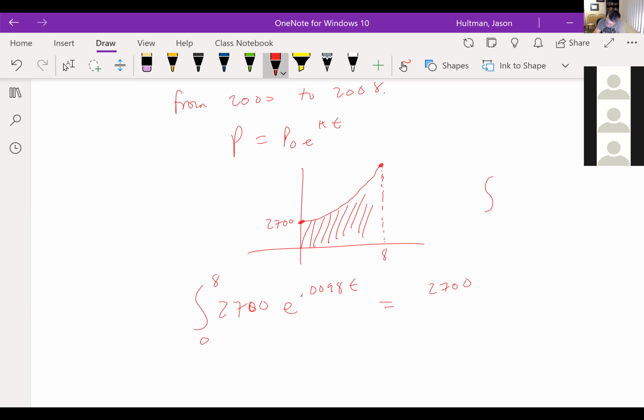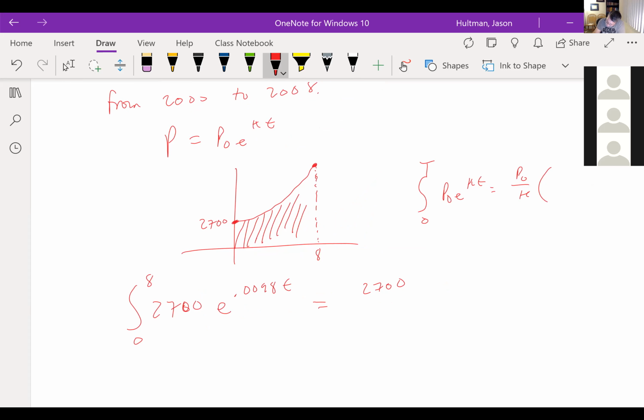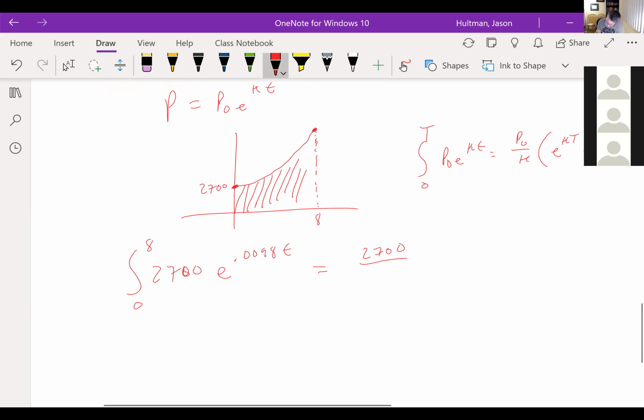So we said that the integral from 0 to T of P naught e to the KT was equal to P naught over K times e to the KT minus 1. So this is going to be 2,700 over K, which is 0.0098, times e to the 0.0098 times T, which is 8, minus 1.